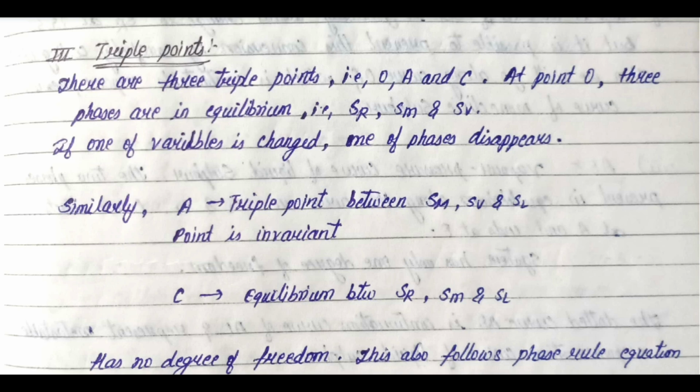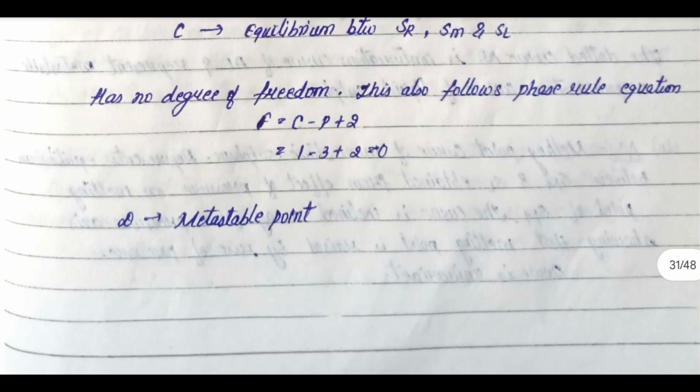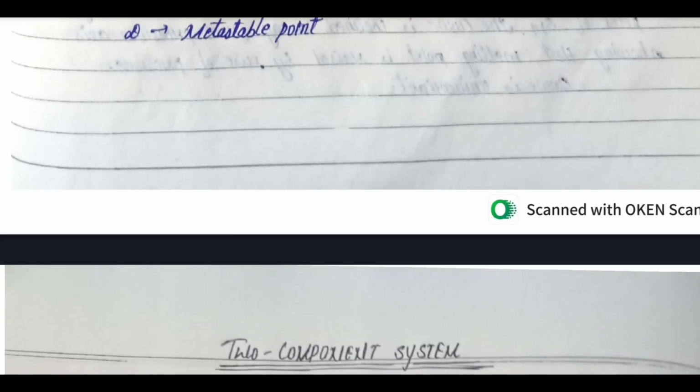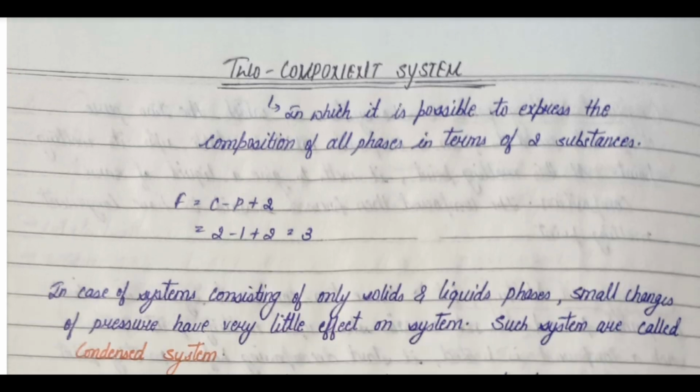Similarly, A is the triple point between SM, SV and SL. The point is invariant. C is the equilibrium between SR, SM and SL. It has no degree of freedom. This also follows the phase rule equation: F is equal to 1 minus 3 plus 2 equal to 0. And D is the metastable point.